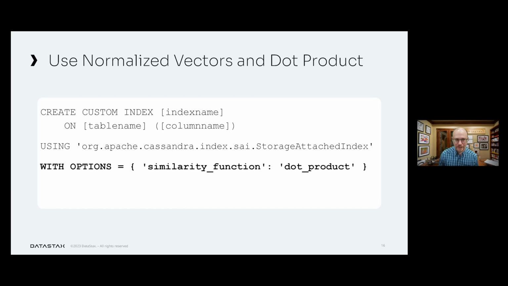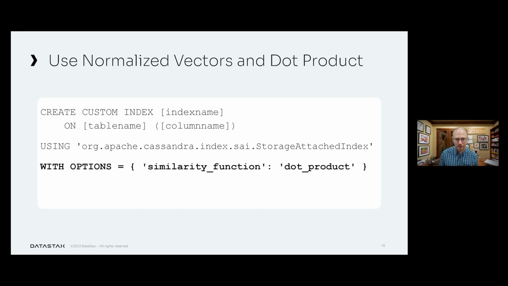The next thing is that you should use normalized vectors and dot products instead of unnormalized vectors and cosines. And all that means is that if your embedding vectors have been normalized to length 1, then we can compute the similarity as a simple dot product between the components of those vectors, which is mathematically more efficient than computing the cosine between 2 large vectors.